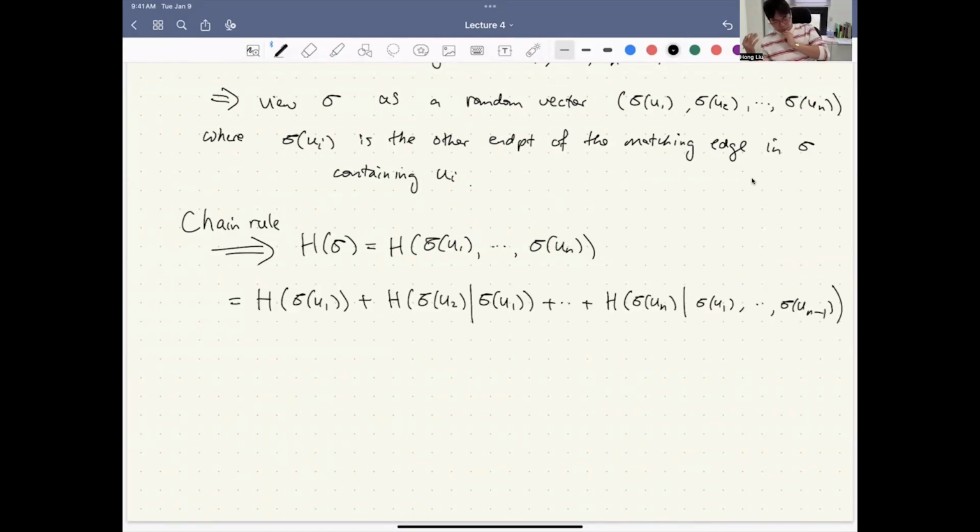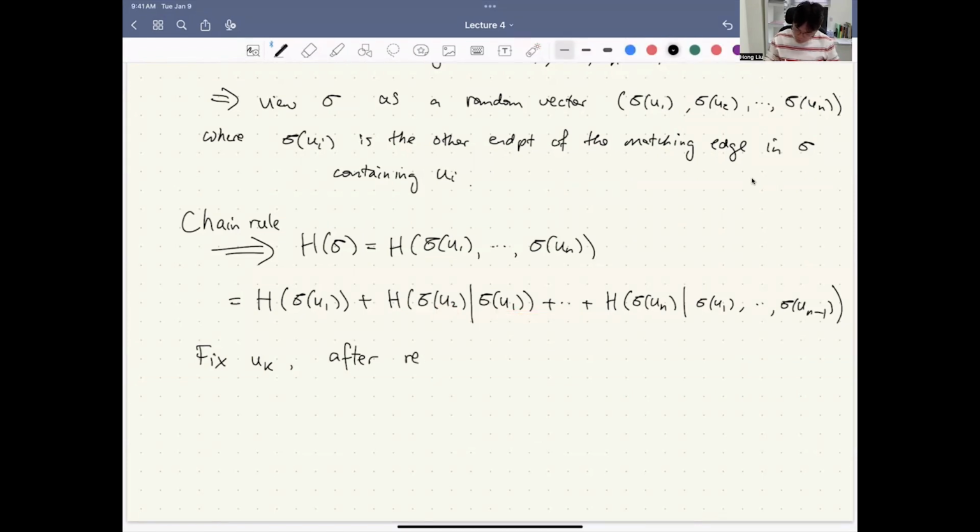Now let's look at how each one of these conditional terms looks. Let's look at UK. One thing we should notice is, at the time of UK, we've already revealed the images of U1 to UK minus 1.